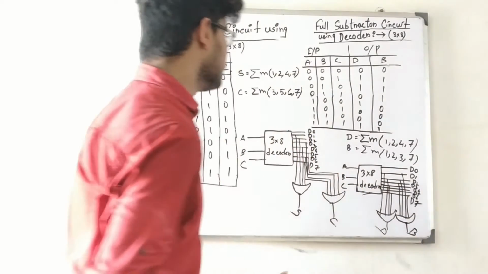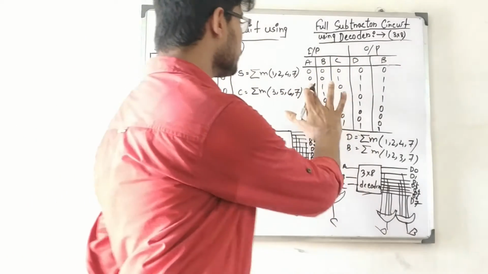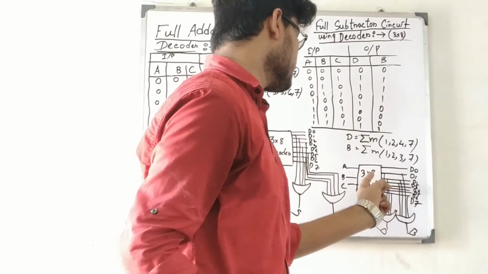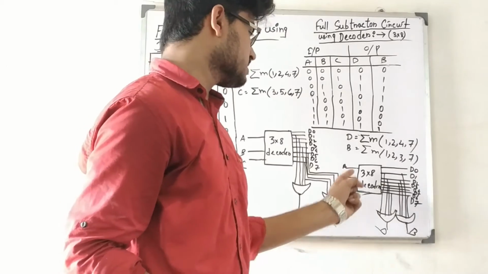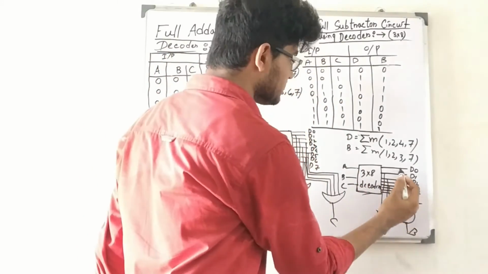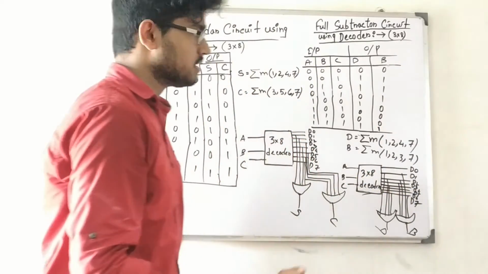If we give 0, 0, 1 as input in the case of ABC, you can see only the D1 pin is active. In decimal, 0, 0, 1 means 1, so only the D1 pin is active. D1 active means borrow is equal to 1, and difference is equal to 1.